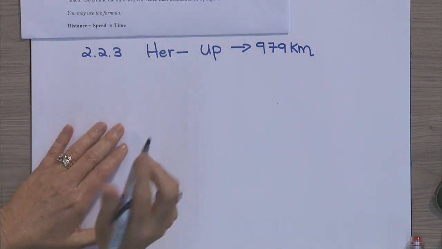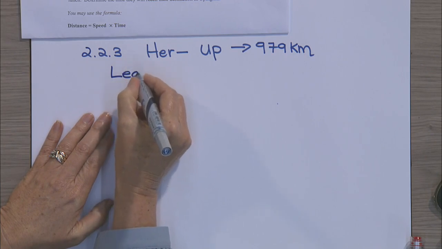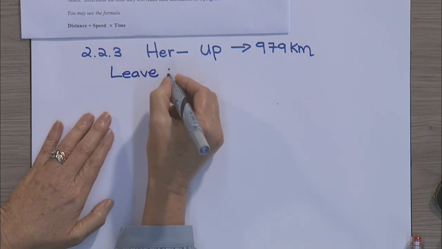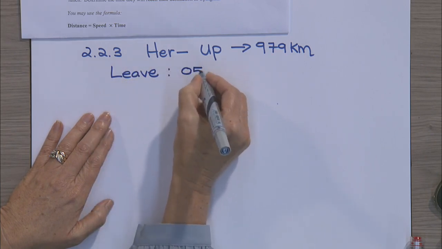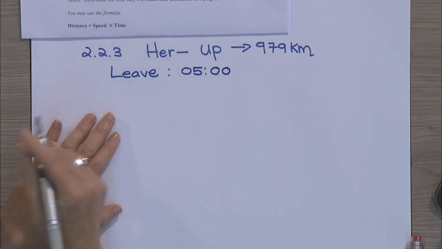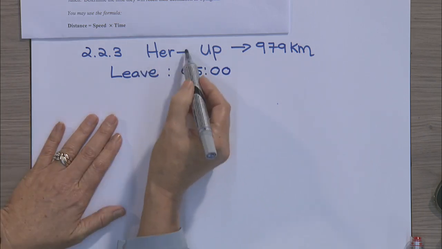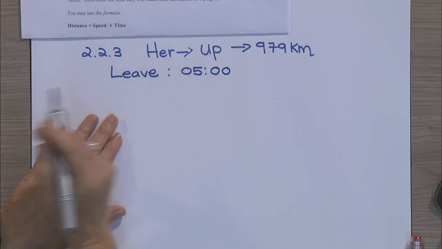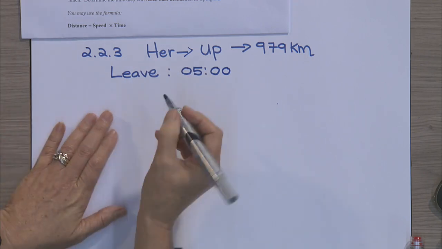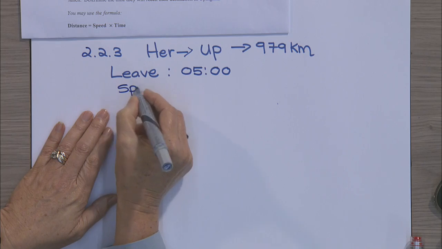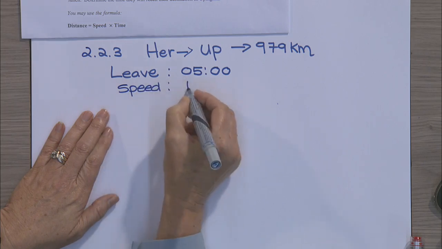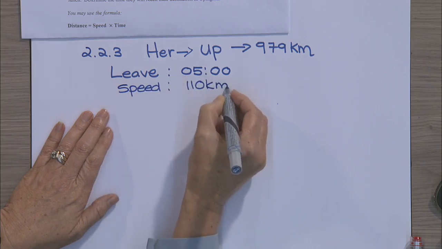That is something that's important. Then it's also important that I know when we are leaving. So we are leaving Hermanus at 5 o'clock in the morning. We are traveling at a speed of 110 kilometers per hour.